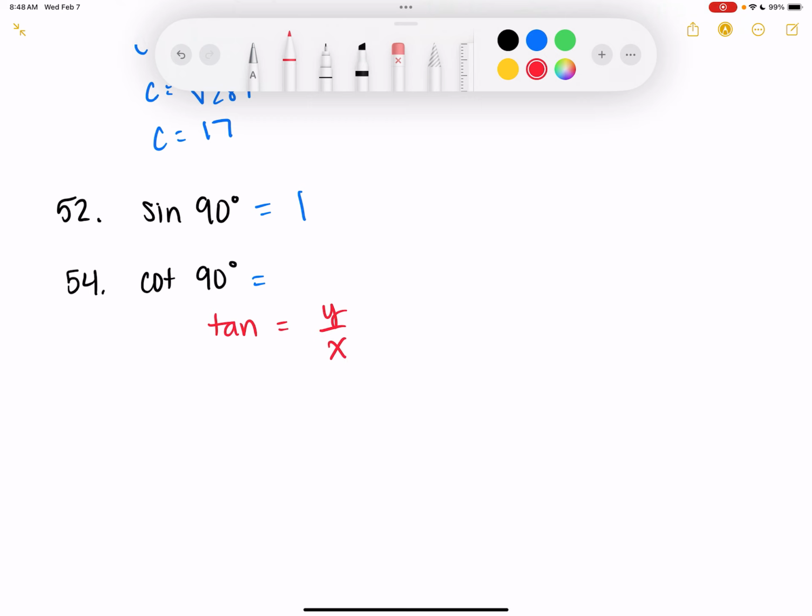I think that was in your notes, but I'm not sure. Yes, it is. But cotangent is the opposite, so it's going to be x over y. So cotangent at 90, I'm going to look at the x and y value and write it over top of each other.